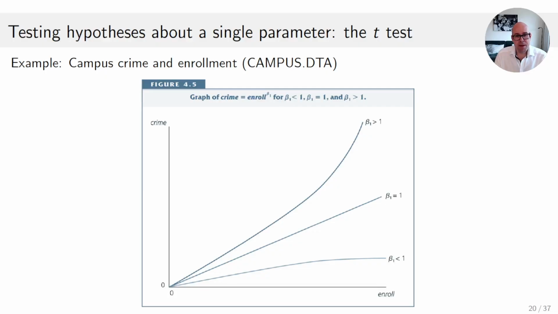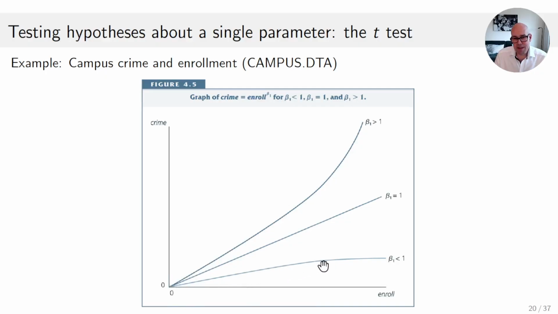An example in the book uses the campus crime data. Basically, if you think of the crime rate or the number of crimes committed as a function of enrollment, you could think of it as linearly increasing, so it's just proportional. Or when there's more enrollment, it sort of explodes.